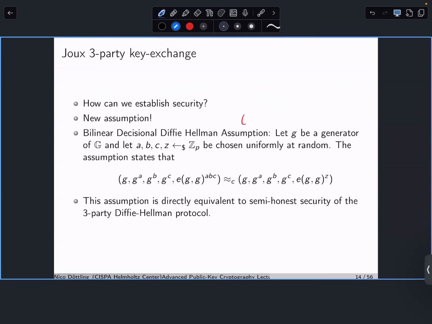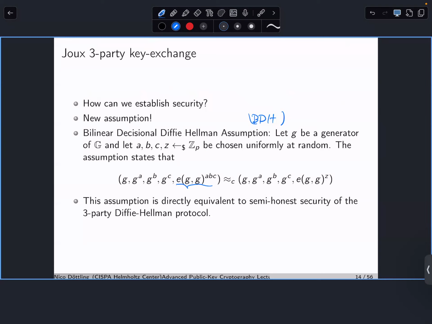Let's use blue again. BDH. We say G is a generator of a group. A, B, C, and this value Z are chosen uniformly random. The assumption states that (G to the A, G to the B, G to the C, and E(G,G) to the ABC) is indistinguishable from (G to the A, G to the B, G to the C, and E(G,G) to the Z). Since Z is chosen uniformly random, E(G,G) to the Z is a uniformly random group element independent of the rest.